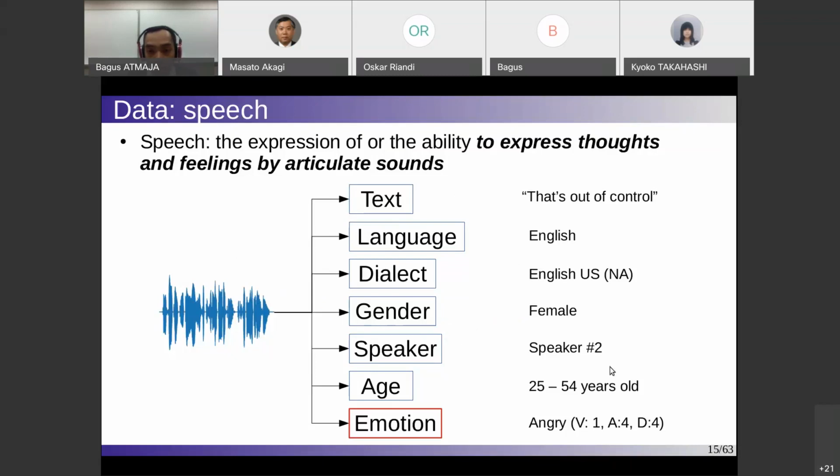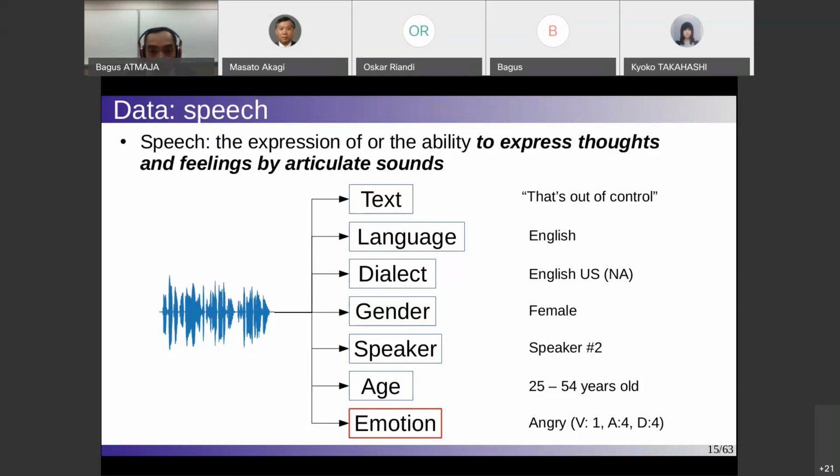The speaker is the second speaker from the data set. And also we can predict the age of the speaker here, between 25 and 54 years old. And also my main interest is to recognize the emotion within speech. For example, in this utterance, the emotion is angry with valence 1, arousal 4, and dominance 4.